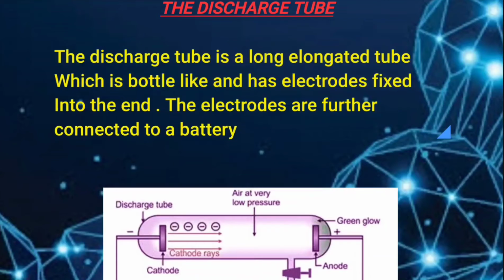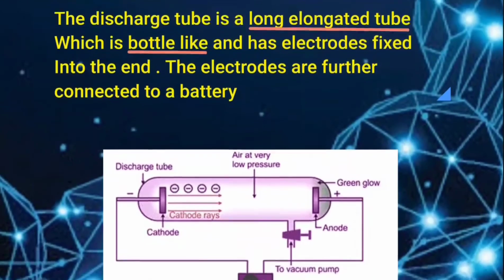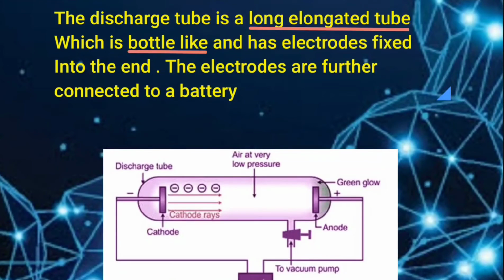Basically, the discharge tube is a very long elongated tube and it is bottle-like in nature. So this is the discharge tube. Here you go. The discharge tube looks somewhat like a bottle in shape, and at the same time it is elongated in nature, which means it has a large length.